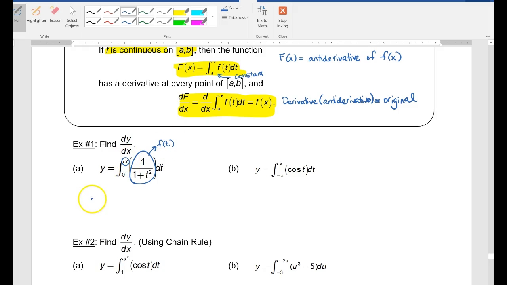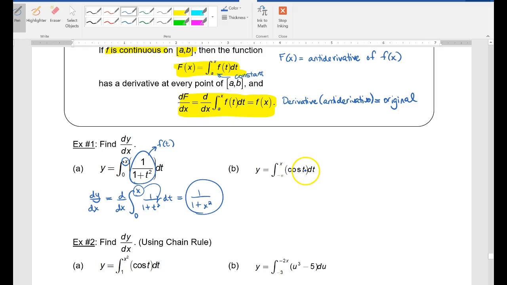So when I want to do dy dx, so we're taking d dx, basically all we have to do is take the x and plug that in for t, so we end up with 1 over 1 plus x squared.